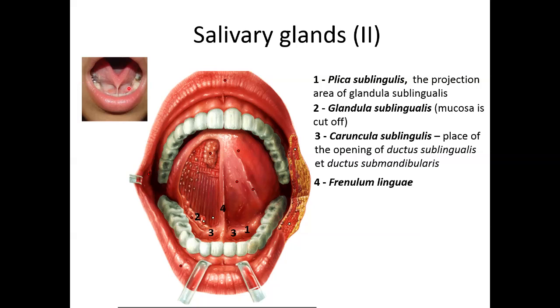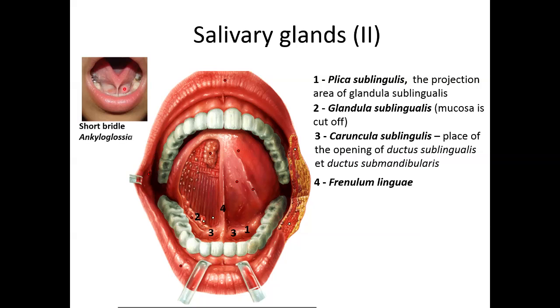And that's why usually surgeons cut the frenulum linguae for better free movements of the tongue, for good pronunciation.